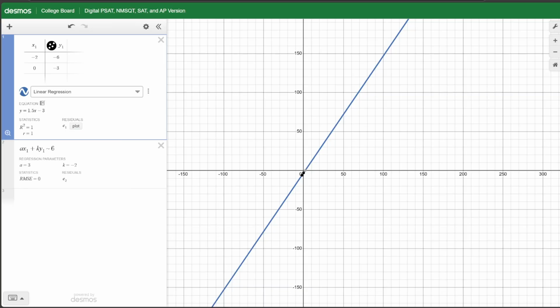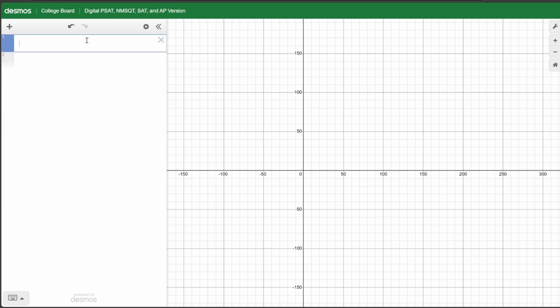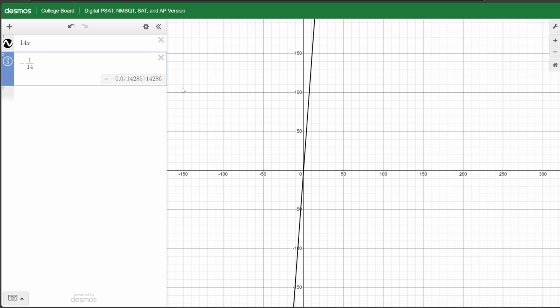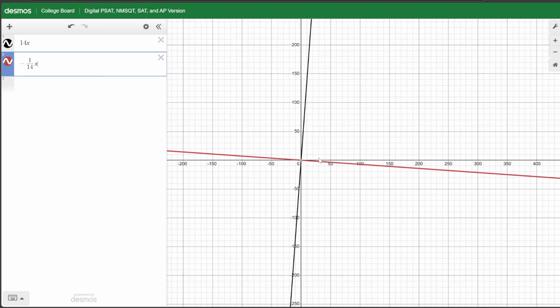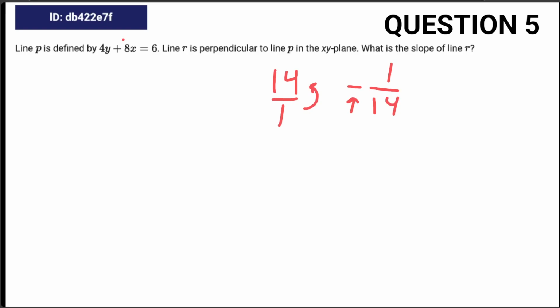And perpendicular lines, just as a reminder, would look something like this, just like that, where they intersect at a right angle. Now, we know that line P is here, and then we know that line R is perpendicular.